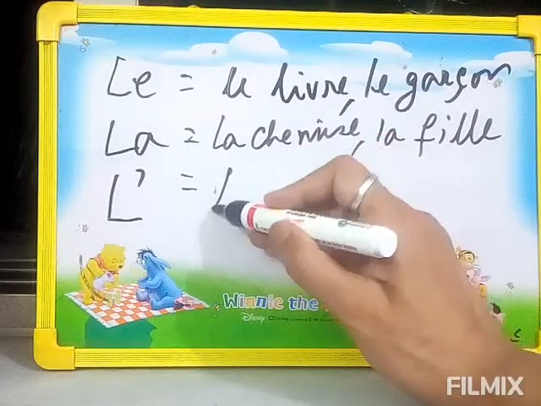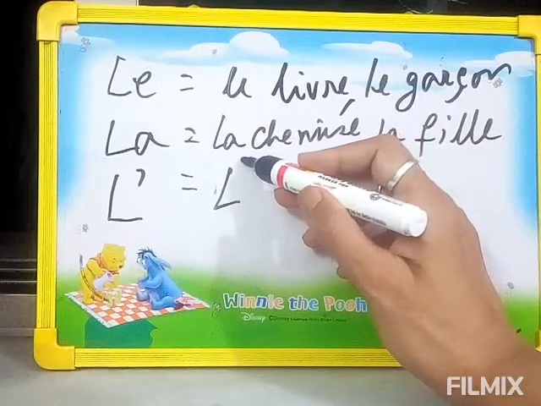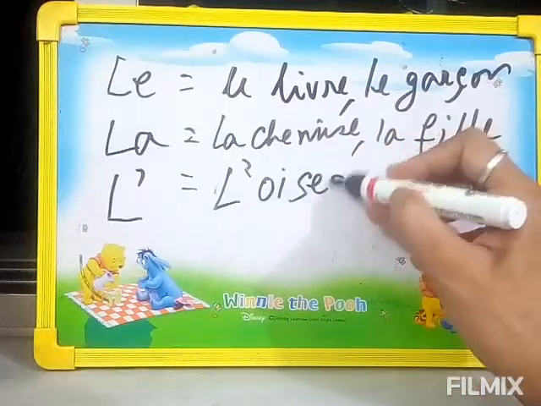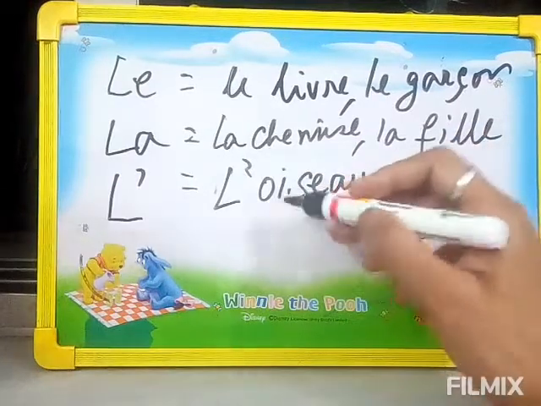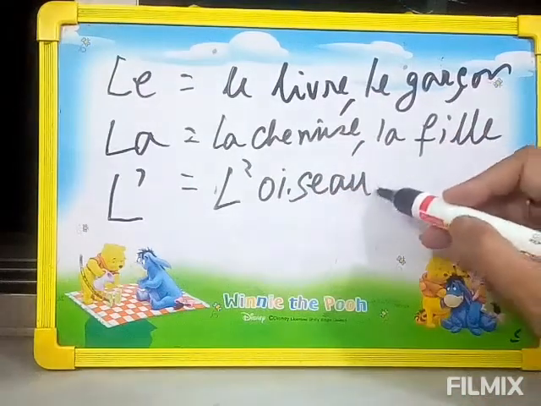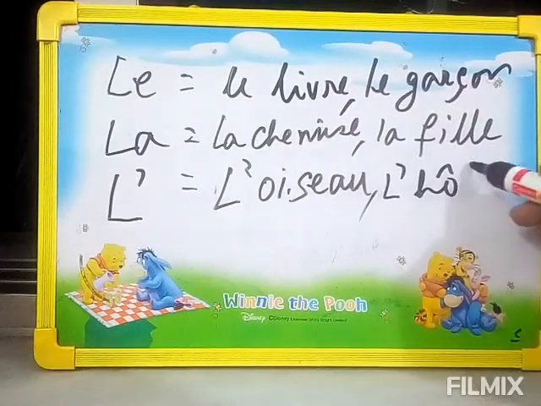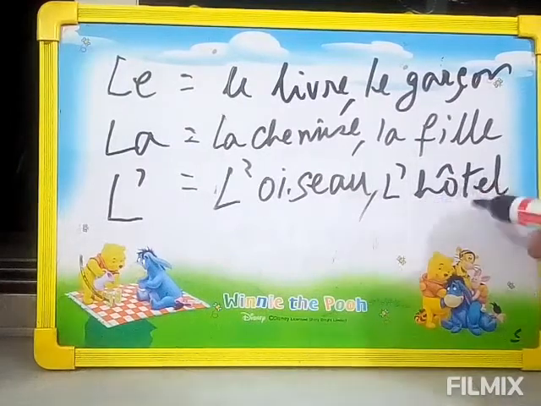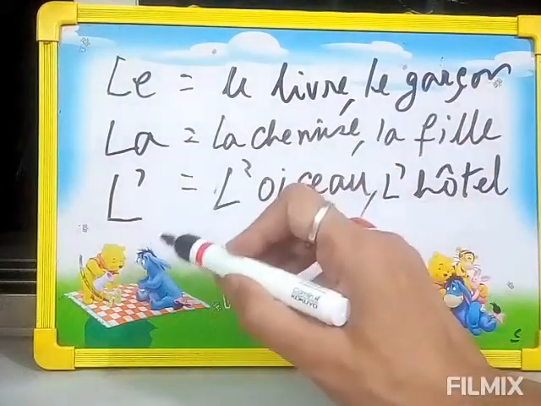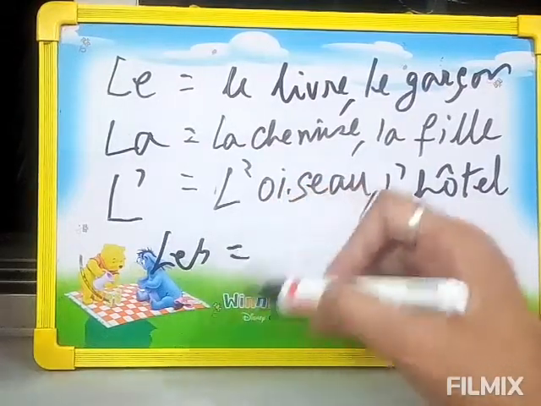L apostrophe is used when starting with a vowel or H mute. A word starting with a vowel, that is l'oiseau. L'oiseau is bird. Another example, l'hôtel, H mute, l'hôtel, L apostrophe being used. But in all these cases, whenever plural comes, les is to be used.